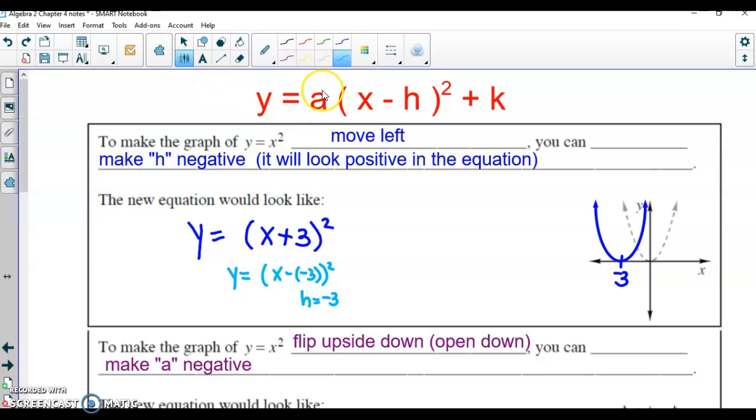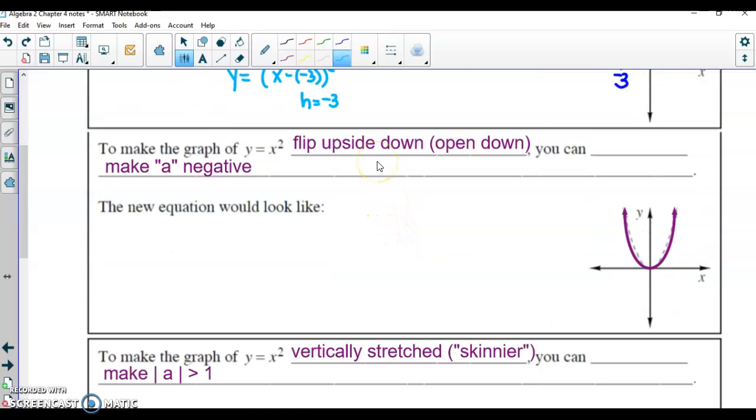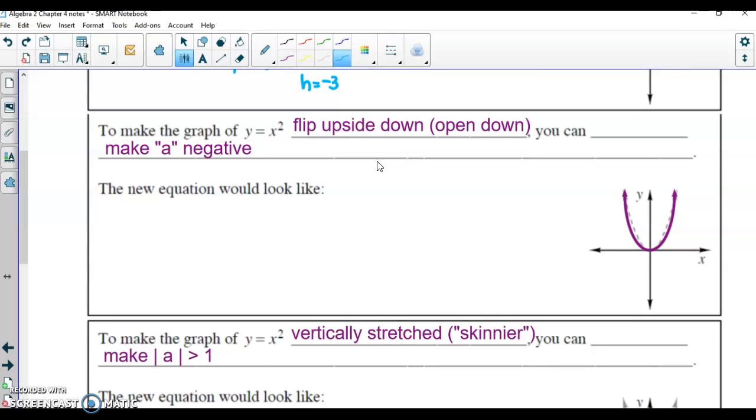What about a? Well, a tells me what happens with the shape of my graph. It's not moving the vertex, but it's telling me what happens with the shape. If I want my graph to be flipped upside down, we make a negative. So my equation would be y equals the opposite of x squared.